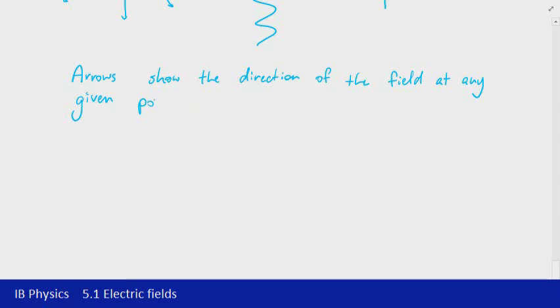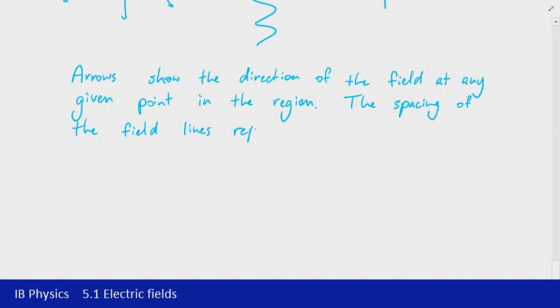You'll notice that as the arrows get further away from the charge, the spacing of those arrows gets further apart, and that's the second thing that's useful here. The spacing of the field lines tells us something about the strength of the field. I'll go back up to that diagram and explain that in a bit more detail. So that represents the strength of the field.